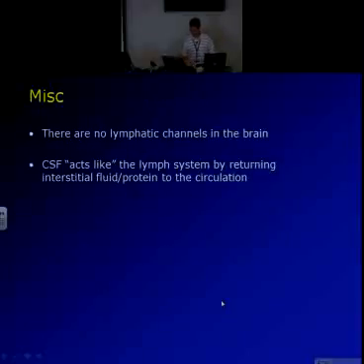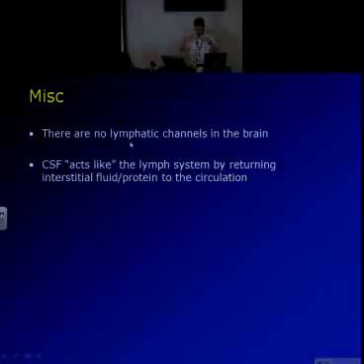And then last but not least, there isn't a lymph system. Think about it. The lymph system in your body is the plumbing to take away interstitial fluid, if you will. Obviously, your blood vessels are dealing with your plasma and your blood, but you have a cell and you have space in between it. That's your lymph system. In the CNS, we have a whole different version of things.